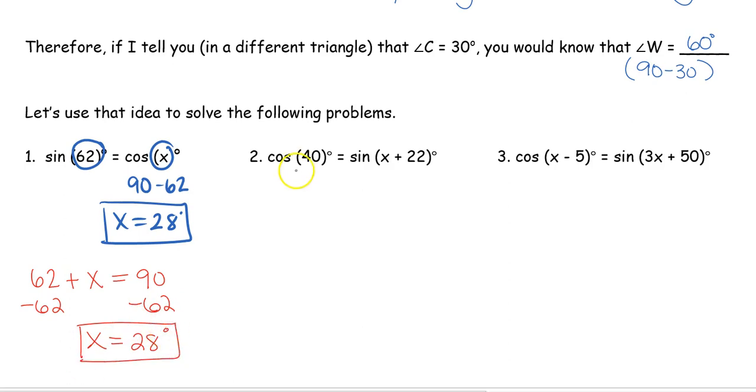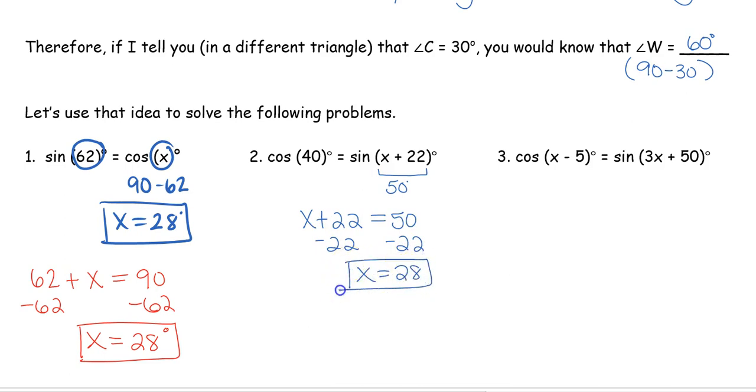If we go to the next one, if this is 40, that means that this whole angle right here has to be 50 degrees, because remember those two have to add up to 90, which means x plus 22 has to equal 50. We move 22 over, and we find x is going to be equal to 28. Now, you also could have set up another equation: 40 plus x plus 22 is equal to 90.